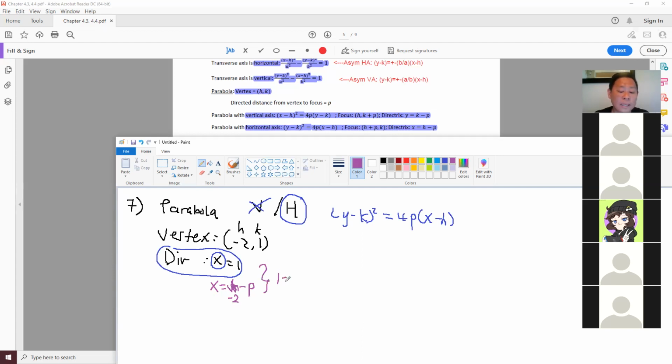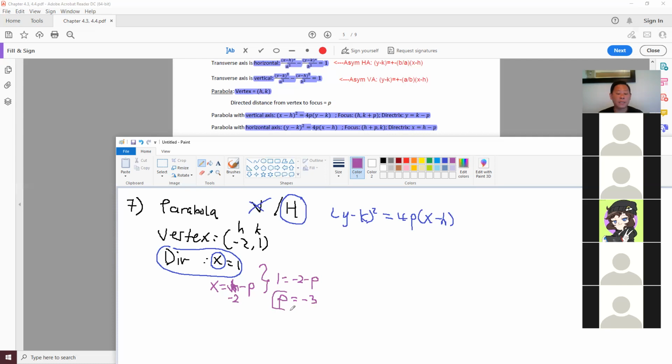So 1 in this case is equal to -2 minus p. So what is p in this case? Solve for p. We're using this formula h minus p to find p. So p in this case will be -3.